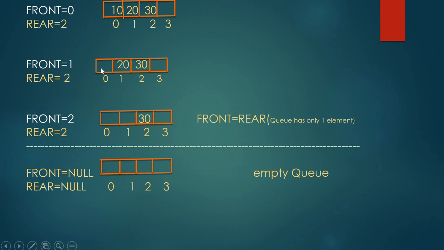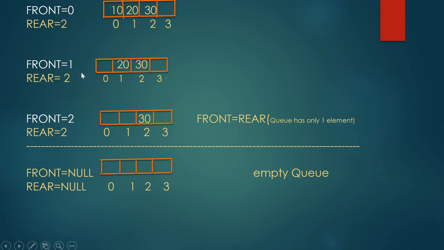After deleting 10, what happens to the front pointer? Front is incremented by 1. That is, front is equal to front plus 1. Front is equal to 0 plus 1, that is equal to 1. Now there are 2 elements in the queue, 20 and 30.